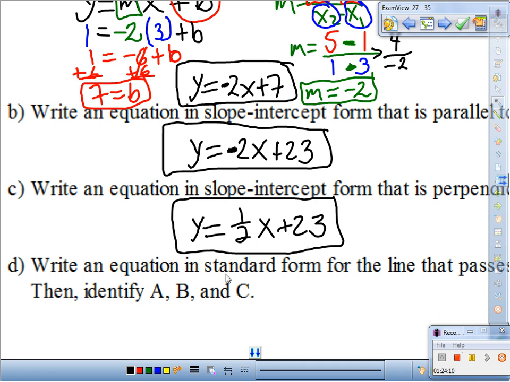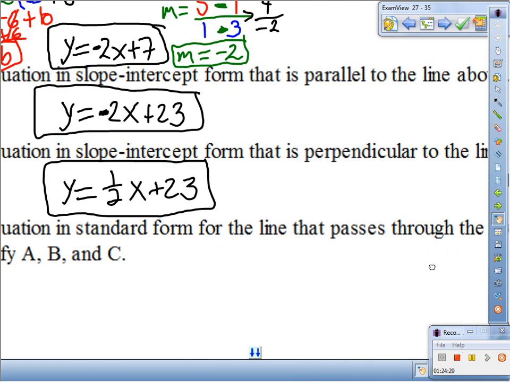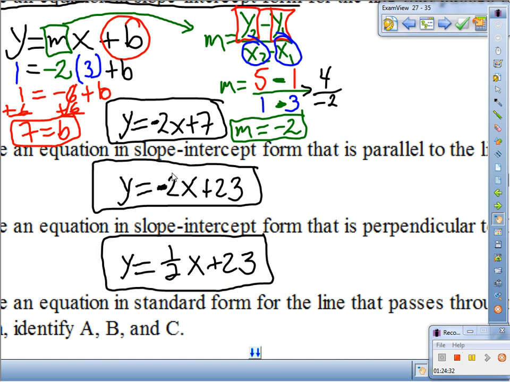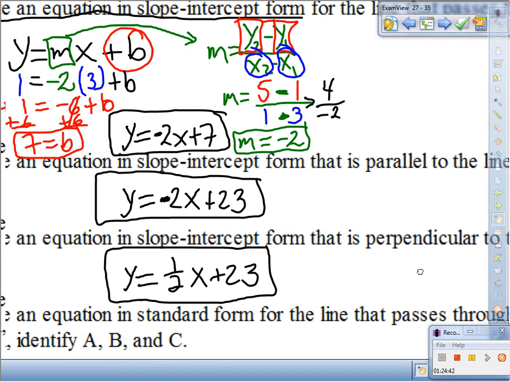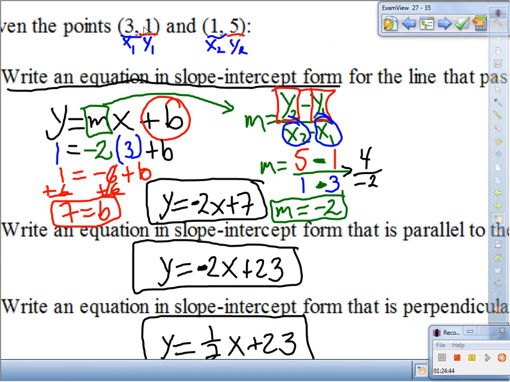It says, write an equation in standard form of the line that passes through the 2 points. Which line, look at this, guys, which of these 3 pass through the 2 points that were given at the beginning? I'll repeat that again. Which of these three passed through the 2 points given at the beginning?